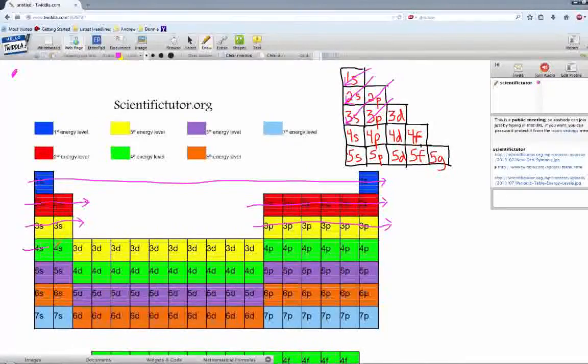As we pass through the 4s orbitals, you also pass through the 4s orbitals here. Next are the 3d orbitals, and then the 4p orbitals.